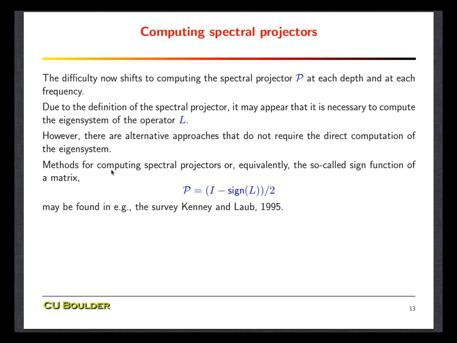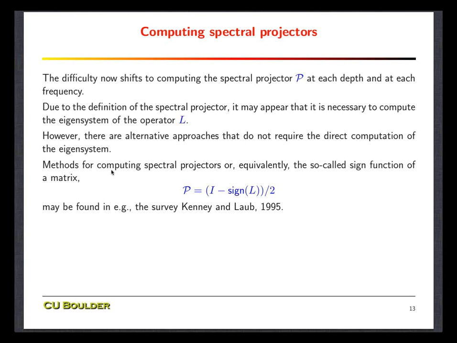There are several areas where people use spectral projectors. One is control theory, another is quantum chemistry. Chemists call it the purifying transform. But these are spectral projectors, or the sign function of an operator.